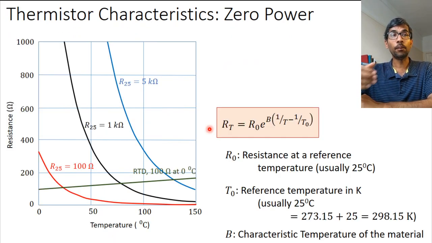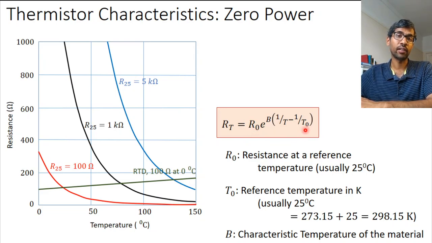Now you could model this characteristic by an equation like this. So this is an approximation to this. There are two basic quantities that are important at this point. One is R naught and another is B. R naught is the resistance at the reference temperature T naught. And usually we take this reference temperature to be 25 degrees Celsius. And that's the reason why each of these curves is marked by an R25 value.